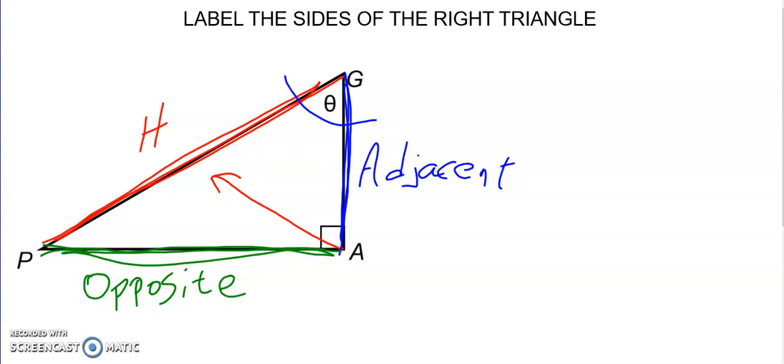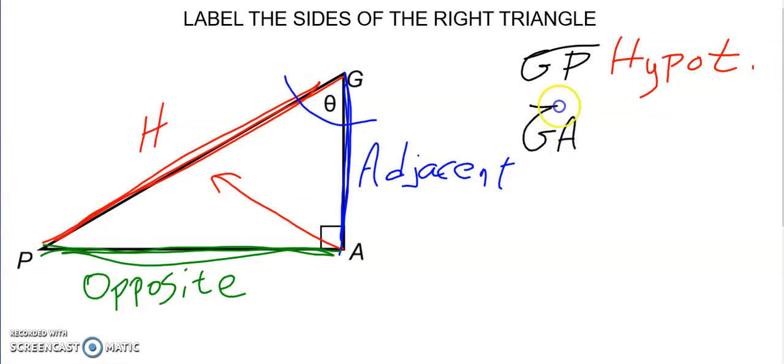So when we are looking at this, we know segment GP is our hypotenuse. I am just going to abbreviate it. And we know segment GA is our adjacent side.